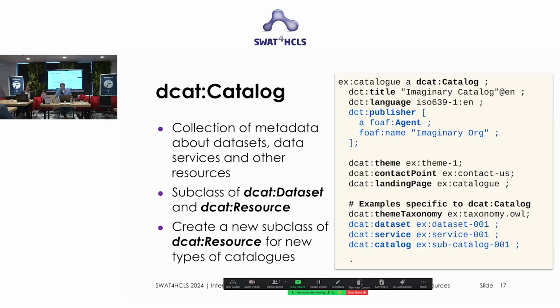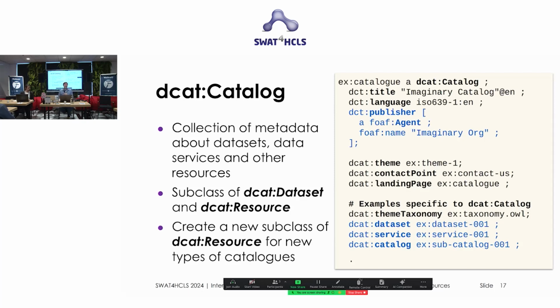And one of the primary objects is the catalog. I have an example here to the right, which is serialized in this Turtle format. And I don't expect you to read through all of these. There are many properties that are suggested that you can use in the DCAT standard.